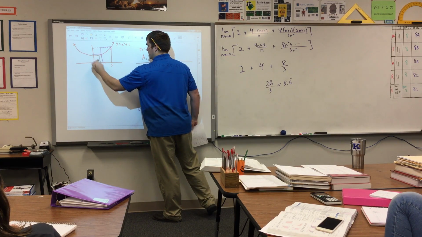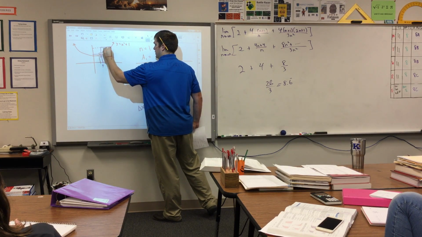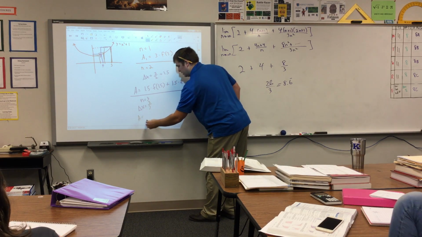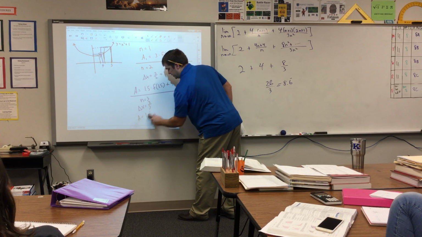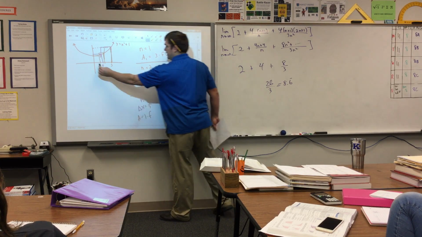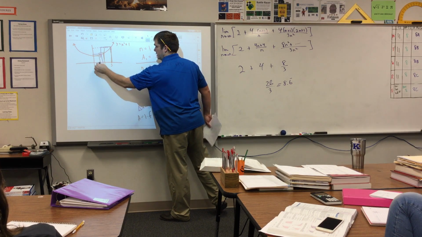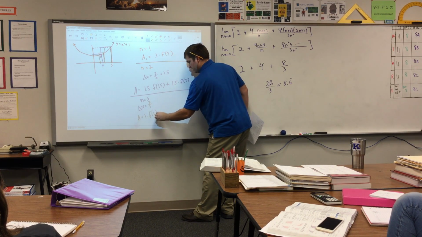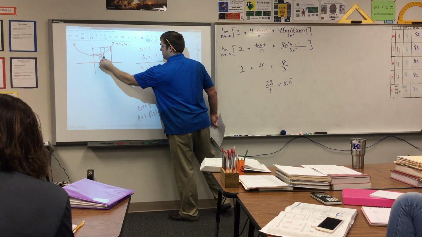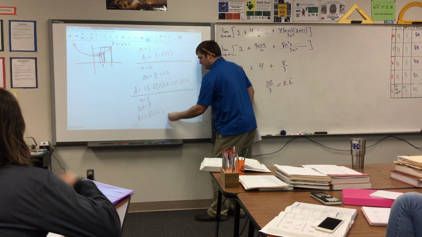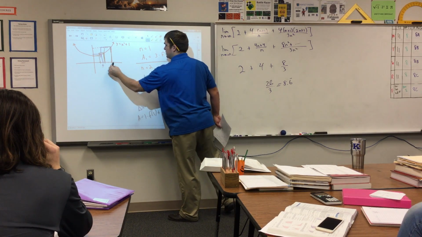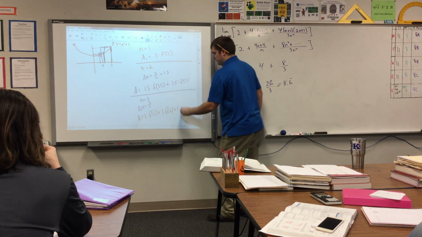So that would be 1, not 1.5, but just 1, times f of 1, plus 1 times f of 2, plus 1 times f of 3.